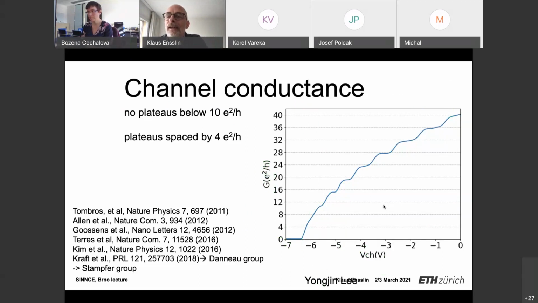Now, I expect that all of you heard about quantized conductance in one-dimensional systems. That was discovered some 30 years ago in gallium arsenide, and it is well explained by the fact that the density of states in a 1D system with parabolic dispersion is proportional to 1 over the square root of the energy.